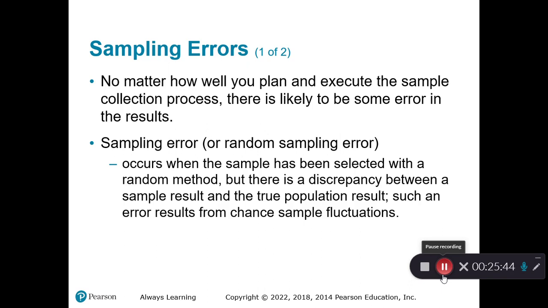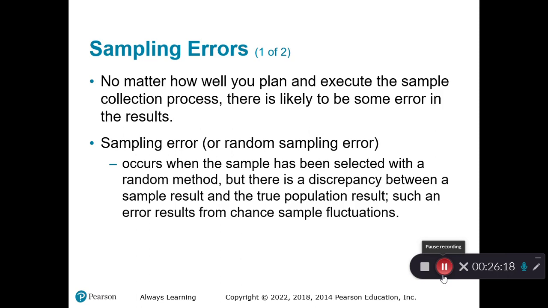Regardless of which sampling technique is used, there's always the possibility that the sample you end up with is not representative of the population, and that could be due to some error, or it could just be due to chance. We refer to this as the errors in the process. Sampling error, for instance, occurs when the sample has been selected with a random method, but there's a discrepancy between the sample result and the true population result.